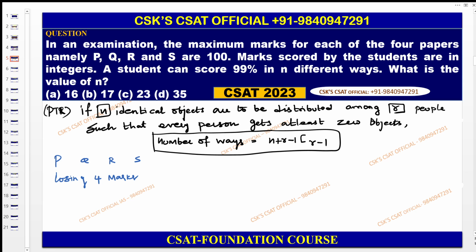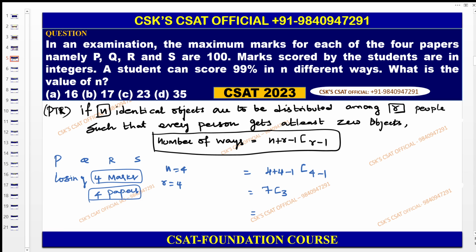That 4 marks can be distributed among the 4 papers here, such that every paper gets at least 0 objects. Now in such a situation, take n equal to 4, r equal to 4. Now apply (4 plus 4 minus 1) C (4 minus 1), which is 8 minus 1, 7 C (4 minus 1), 3.